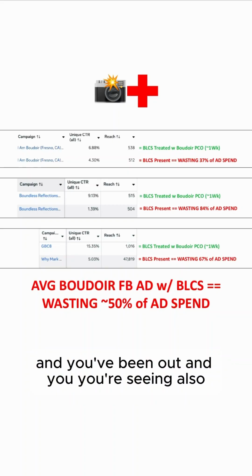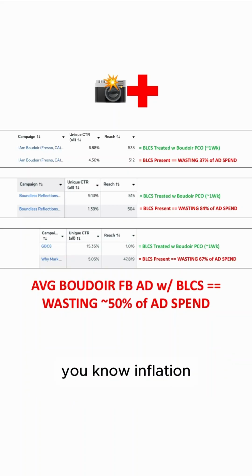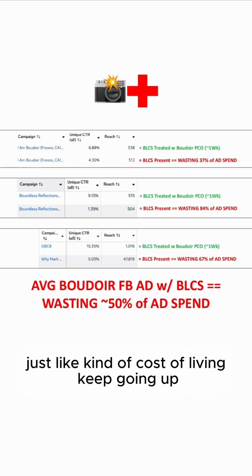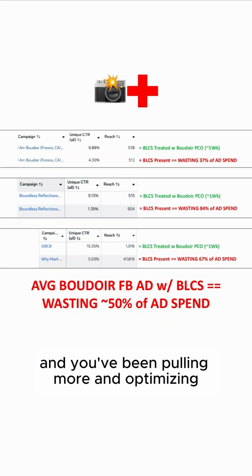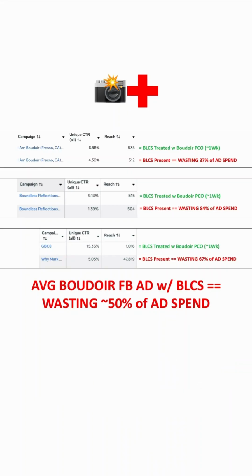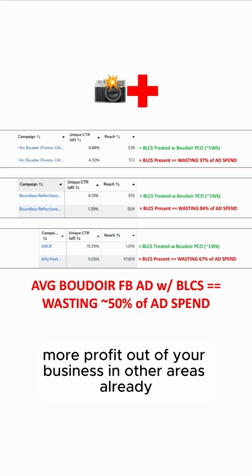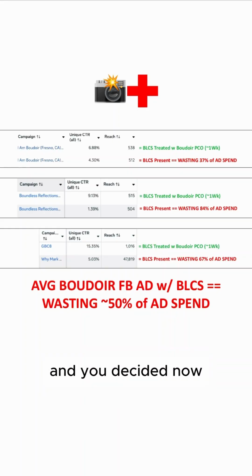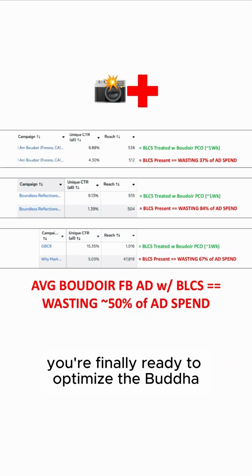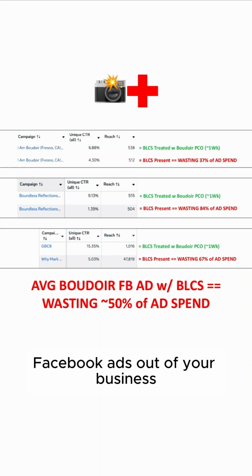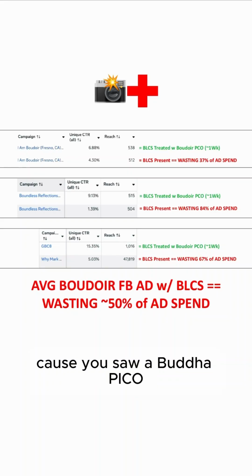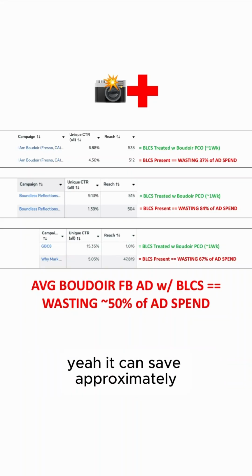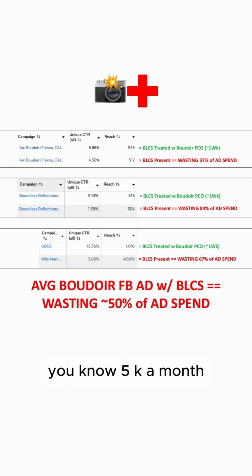And you're also seeing inflation, the cost of living, keep going up, going up, going up. And you've been optimizing, pulling more profit out of your business in other areas already. You've decided now you're finally ready to optimize the Boudoir Facebook ad side of your business, because you saw with Boudoir Pico, yeah, it can save approximately 5K a month.